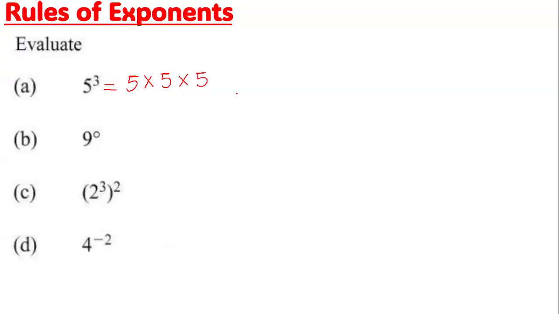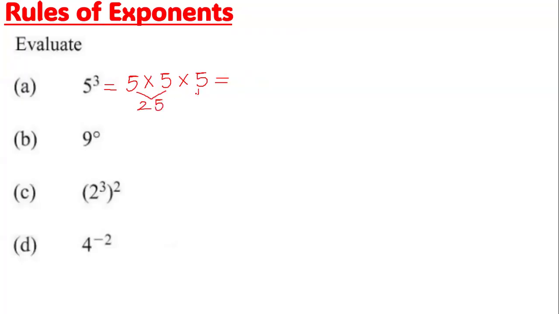Go ahead, Ren. Explain it to us. So 5 times 5 is 25, and you times it by 5, which is 125. Very good. So 5 cubed is basically, we do 5 times 5, which is 25, right?